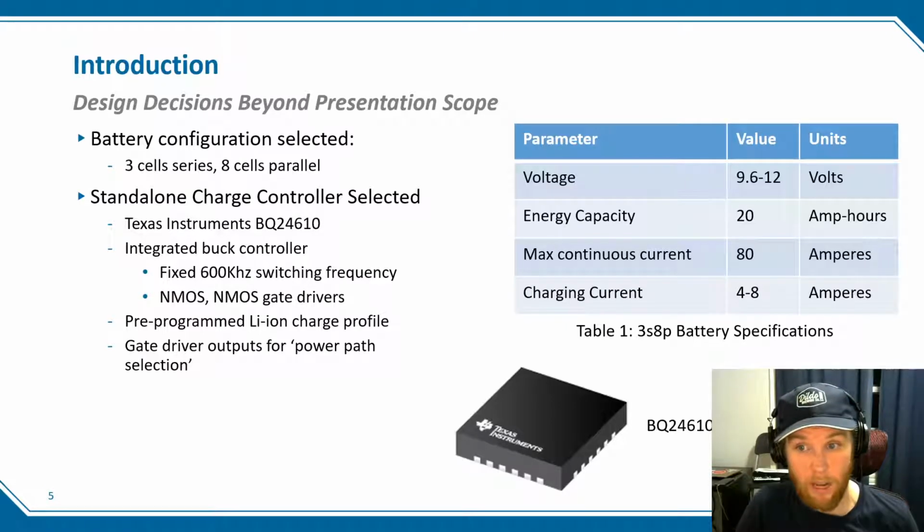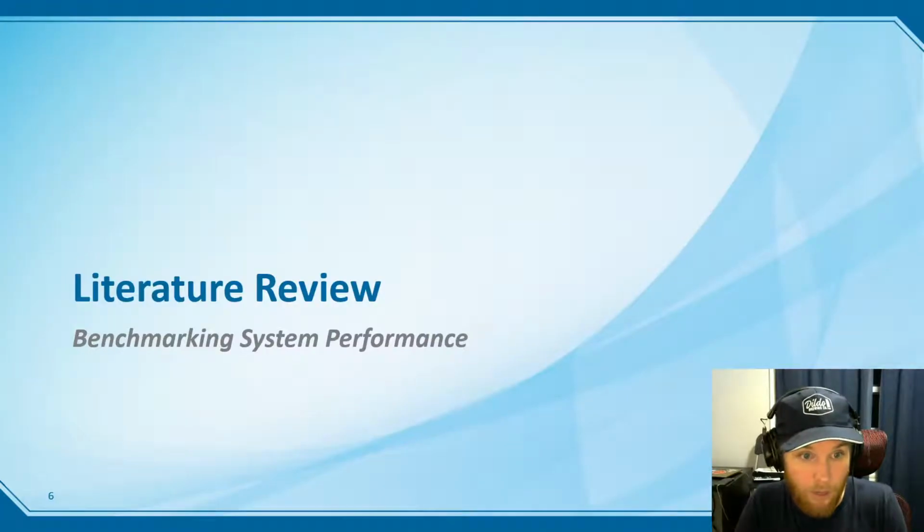The battery is capable of holding 20 amp hours, which is pretty close to a car battery. It has a maximum continuous current of 80 amps when it's discharging. But when it's charging, the current is maximum 8 amps into the battery terminals.